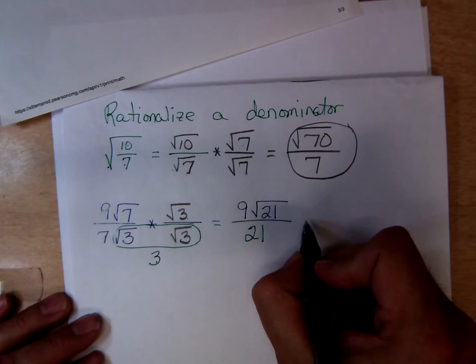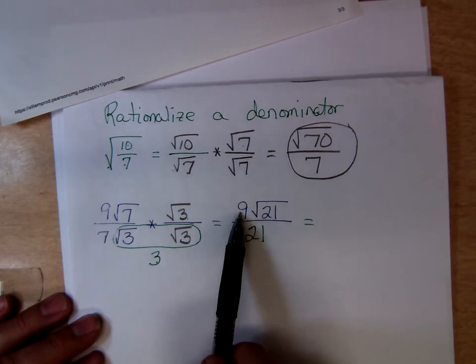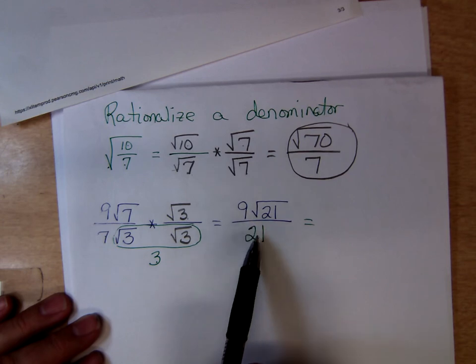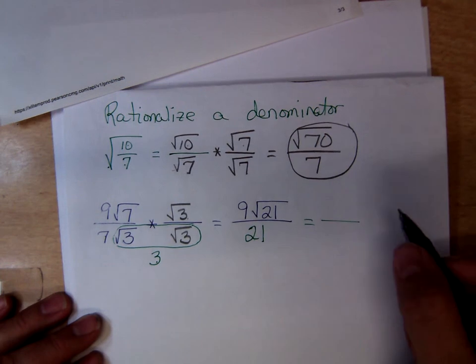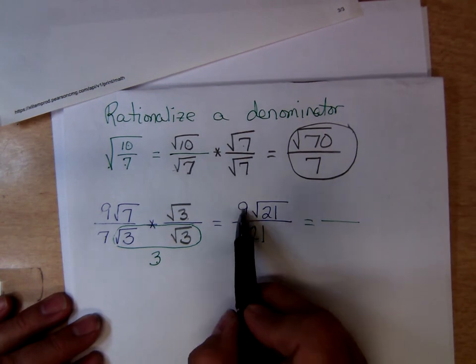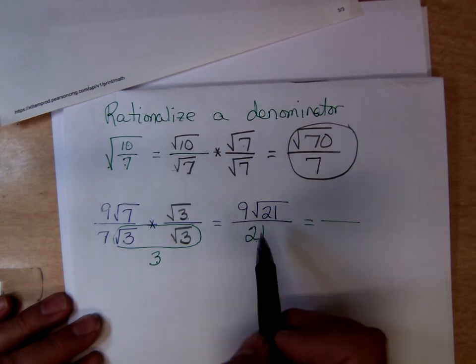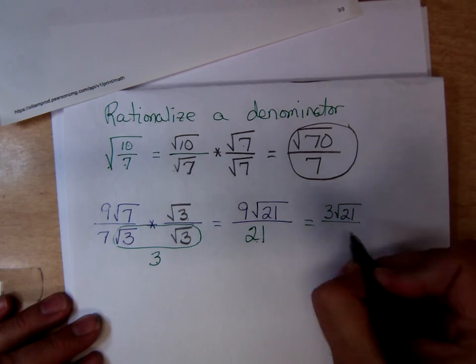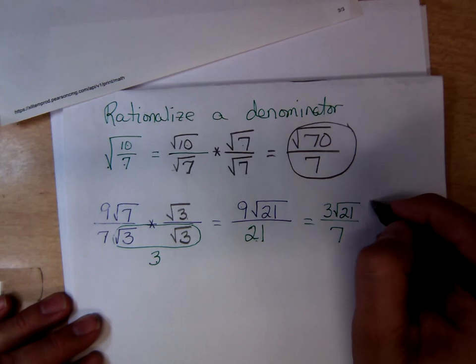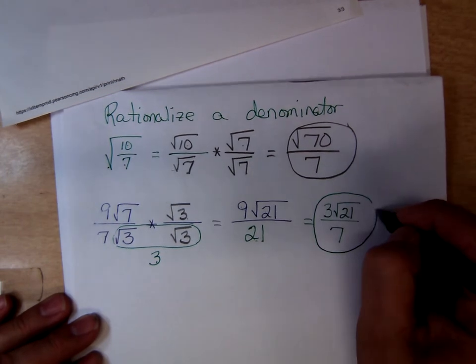And we can now do a little bit of canceling right here. The 9 and 21, just reduce that as you would any old fraction. Divide both of these numbers by 3? So you'd have 3 square root of 21 all over 7. And that's called rationalizing a denominator.